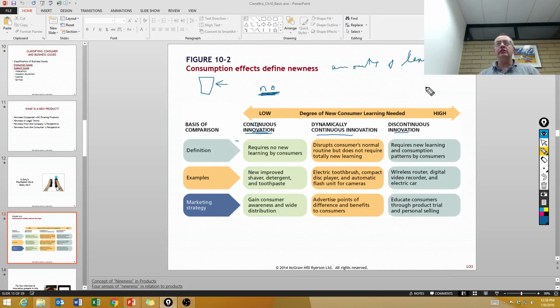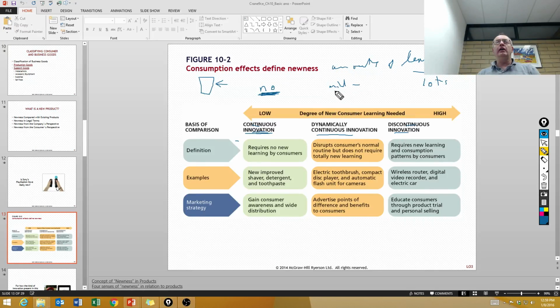And then at the other extreme, we have lots of new learning required, and those kinds of products are called discontinuous innovation. And then of course we have the middle of the road, a middle amount of learning.